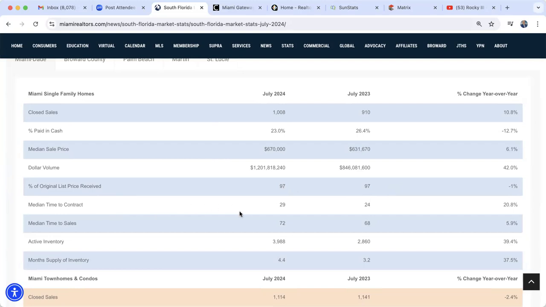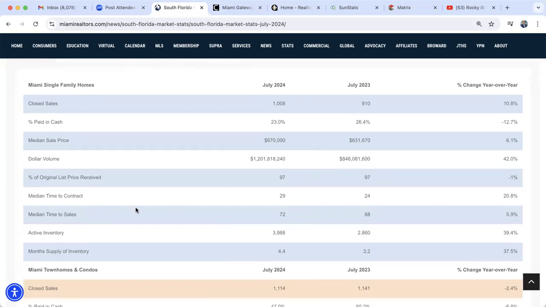All right, so the median time that you can expect to take a contract on a property is about a month, 29 days. All right, and that's actually up 20%. So last year, you could expect to receive a contract on your listing in 24 days. Now it's up to 29 days.